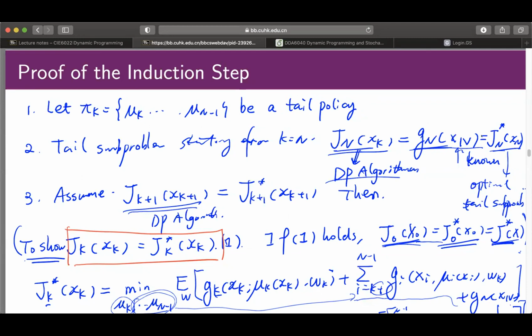Here we cannot control anything, so the cost solved by the DP algorithm is just equal to the optimal cost. So J* means the optimal cost. In the future, unless otherwise specified, this star means optimality.